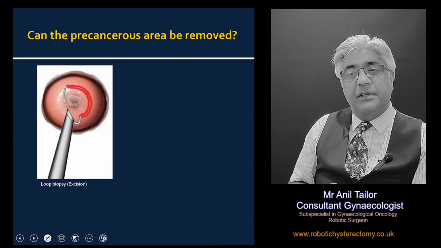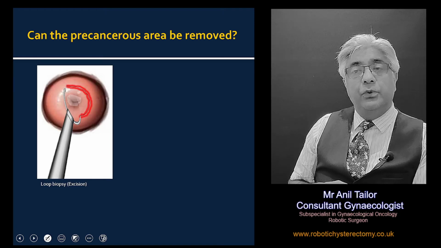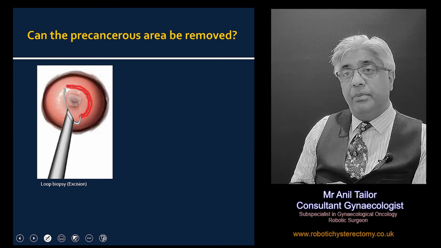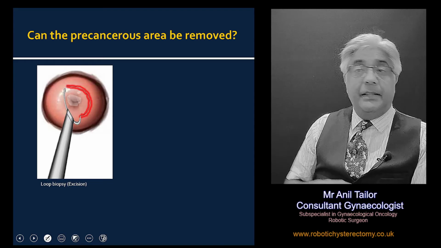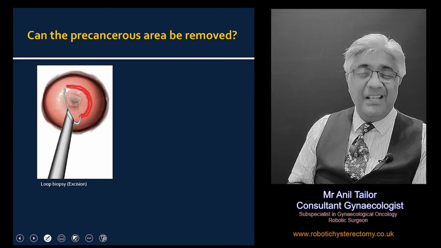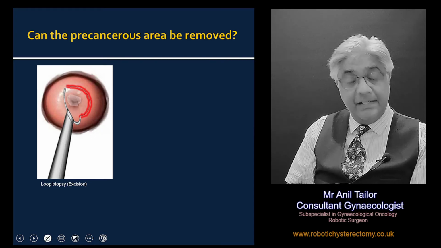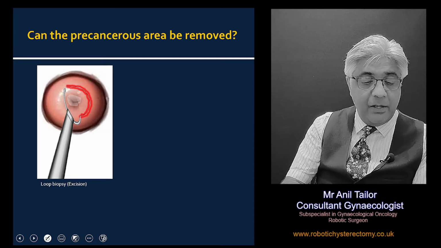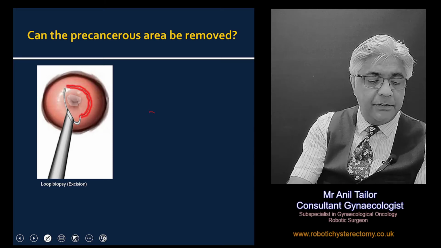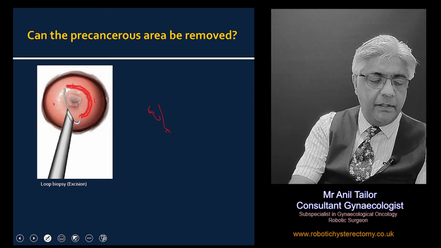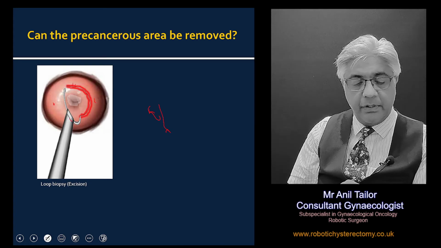So if there is a moderate or a severe abnormality, then you would be brought back to the clinic to have what we call a loop biopsy of the cervix. That has been covered in another video, but essentially, we identify the white area, and then on the cervix we would put some local anesthetic in 4 points, at 12 o'clock, 6 o'clock, 3 o'clock and 9 o'clock.